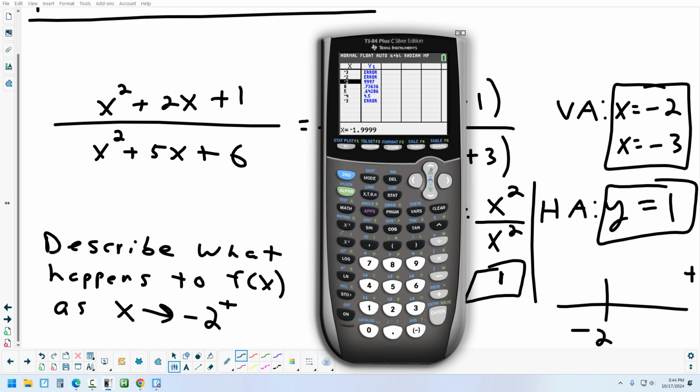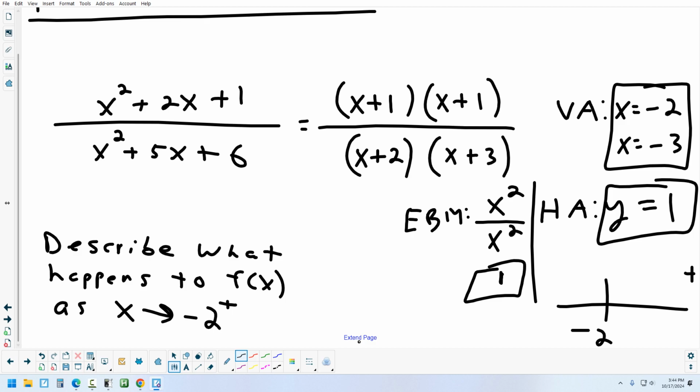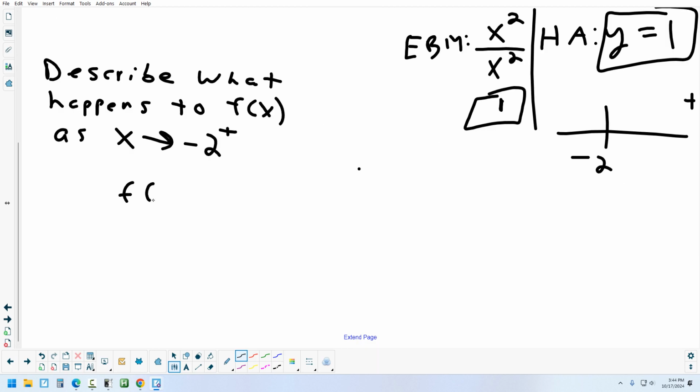And what is it increasing to? 10,000. No, not, oh, 10,000. Positive infinity. Positive infinity, yeah. The 10,000 is just kind of like a sample point that we tried. But yep, it's increasing to positive infinity. So you would say f of x approaches infinity.